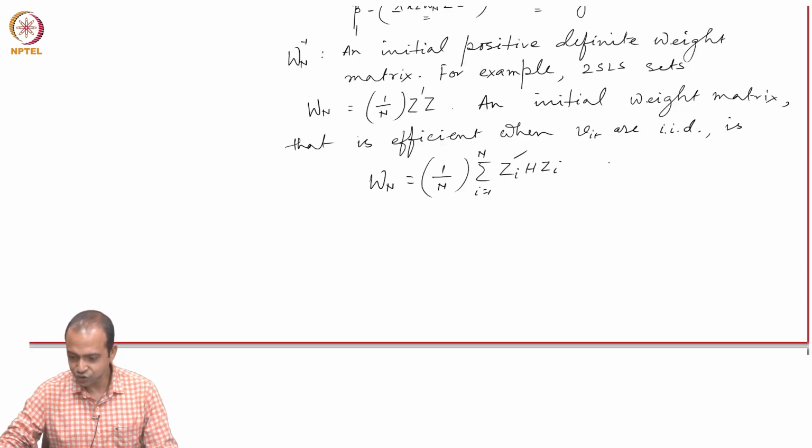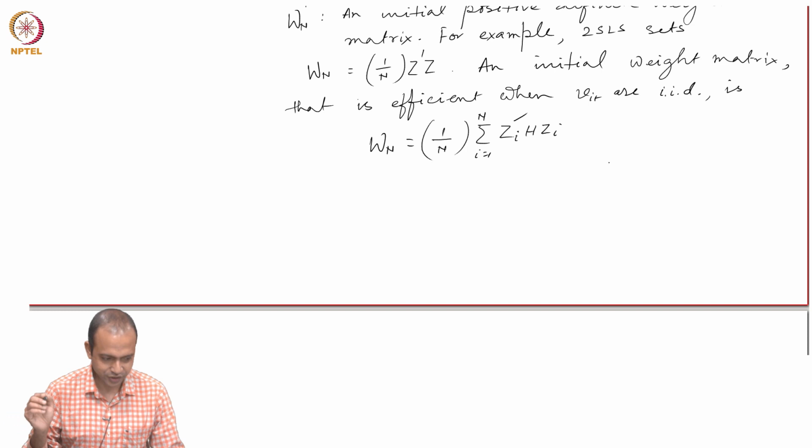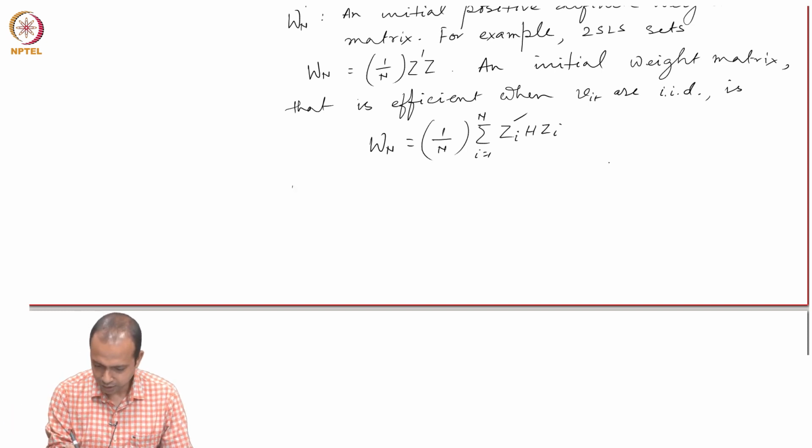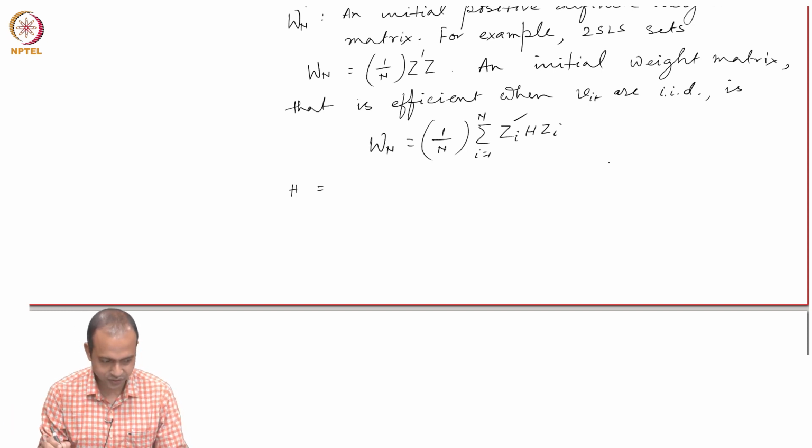Now, what is this H over here? H is this. This is very interesting. H is 2, minus 1, 0; minus 1, 2, minus 1, 0; minus 1, 2.